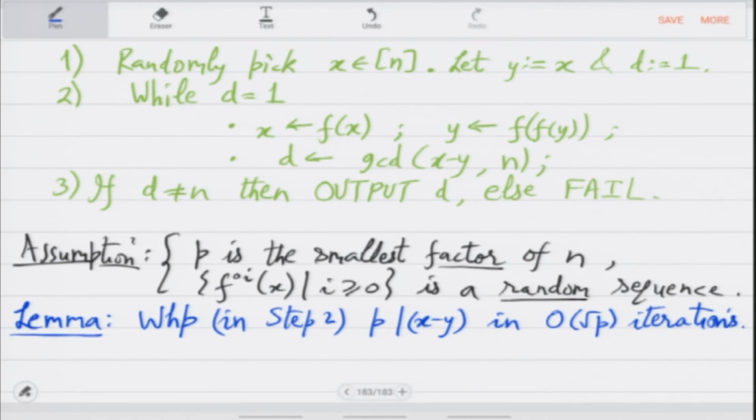Okay, that's what we claim. So this while loop in step 2 will not really be infinite. Very soon, which is square root p iterations, it's highly non-trivial because we are just applying f once and f twice again and again on x and y respectively. But within square root p iterations, it is expected that this difference will be divisible by p, and so we'll come out and output a factor of n.